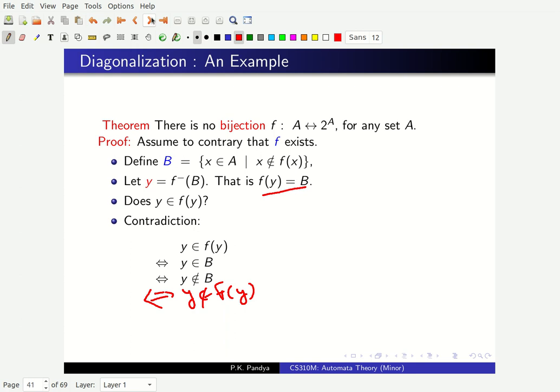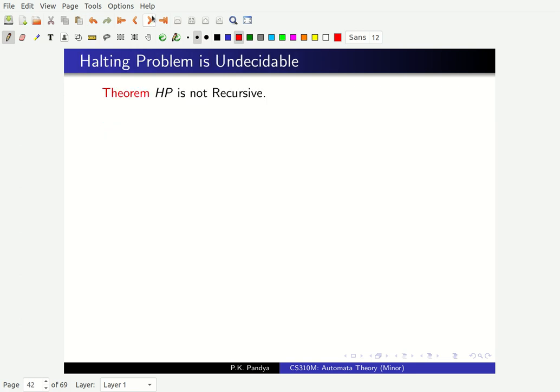Now what we will do is we will use this notion of diagonalization to show that our halting problem is undecidable. What do we mean by halting problem is undecidable? Equivalently, we can state the same property as the language HP is not recursive. And what was language HP?